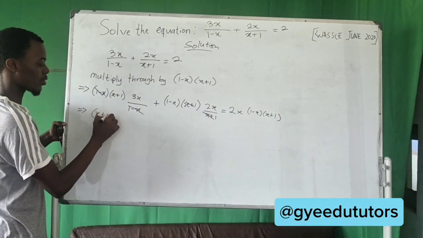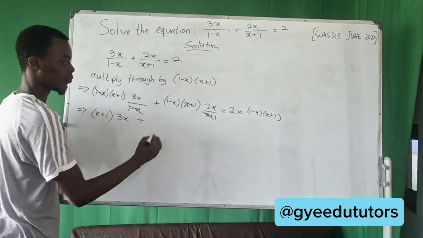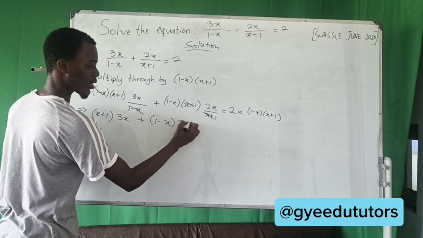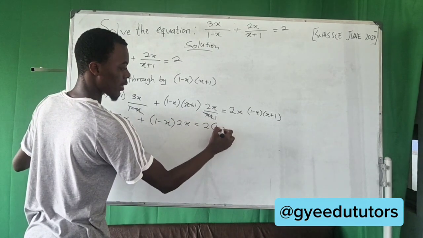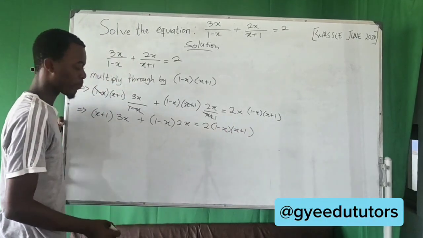X plus 1 multiplied by 3x plus 1 minus x multiplied by 2x. We're going to what? 2 multiplied by 1 minus x plus 1. Okay.